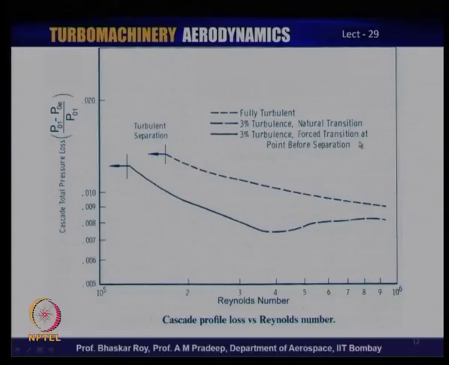By some method of tripping, the transition has been forced, and as a result you can see the losses can be reduced. So, if you have a tripped flow by some means, you can have lower losses, whereas if the flow is turbulent right in the beginning, the losses are going to be very high.